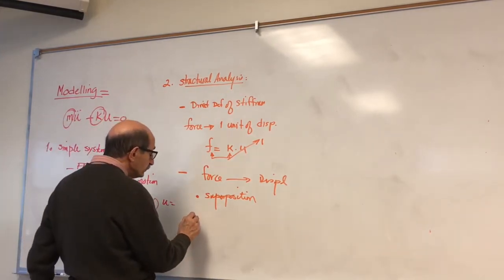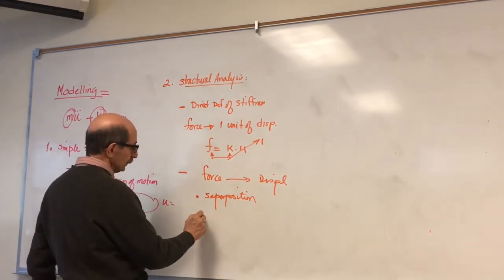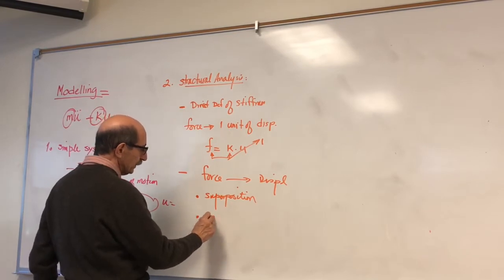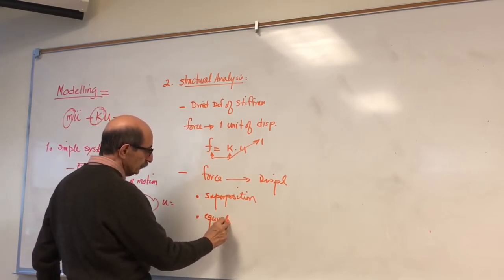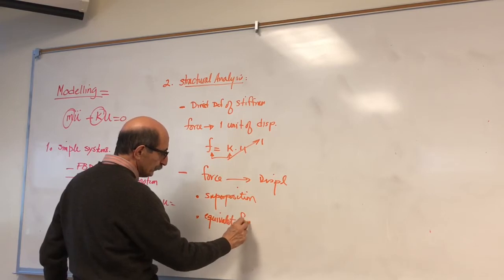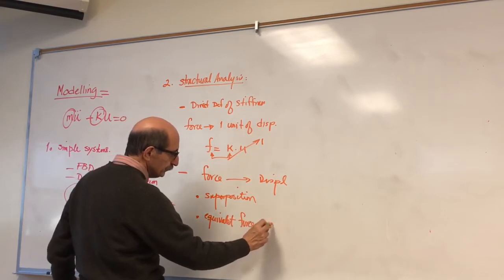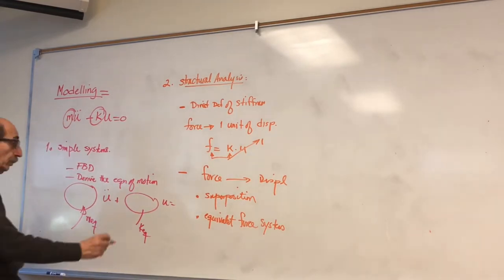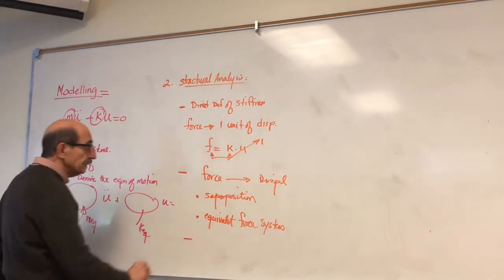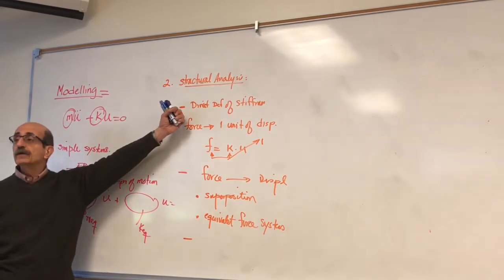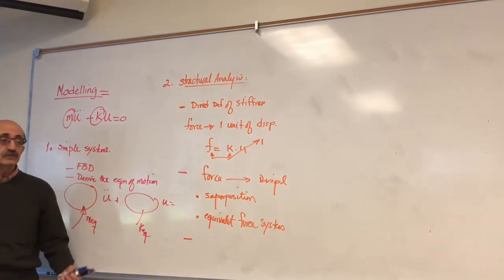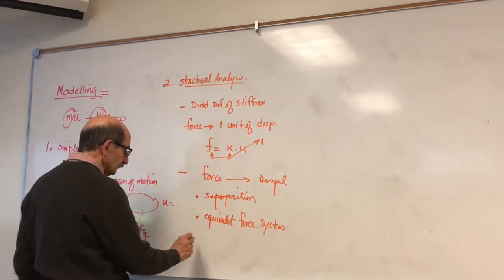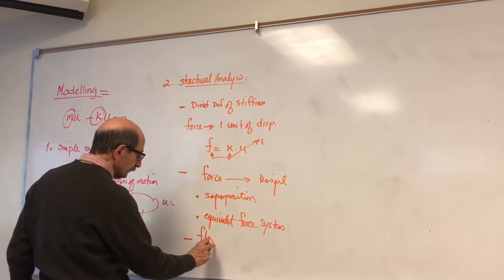You may remember from statics, use the concept of equivalent force systems, or you may need to use, instead of the stiffness, sometimes it's easier to use the concept of flexibility.